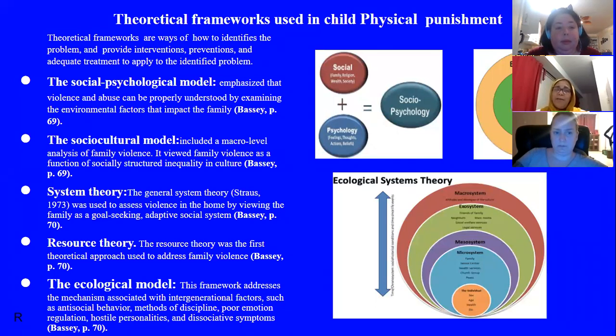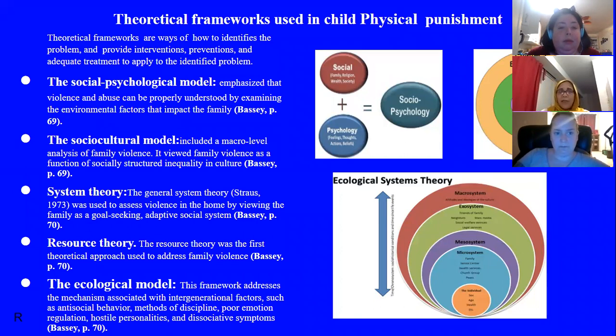Also here we have theories and frameworks used in child physical punishment. I'm not going to say all of it, but for conduct intervention they use the social psychological model, which emphasizes family violence and abuse.